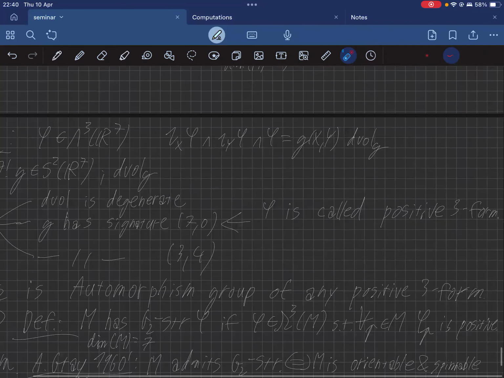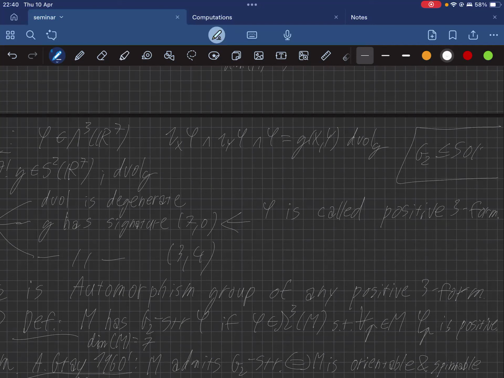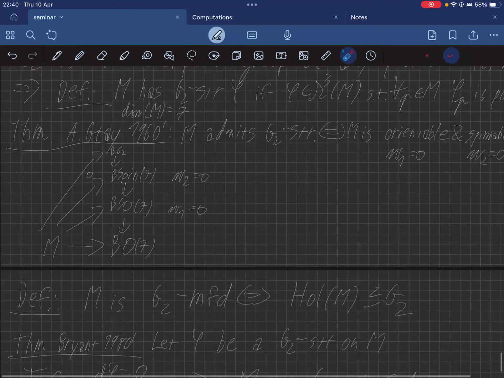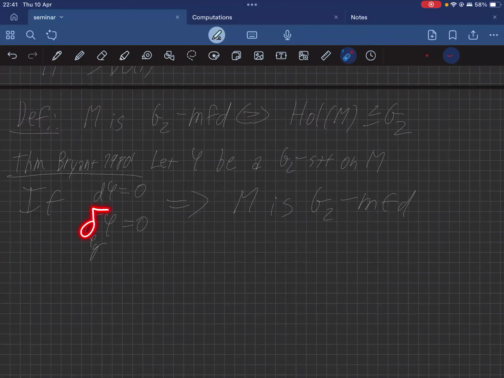That's not surprising because G2 is a subgroup of SO7, and an SO7 structure gives you a metric and an orientation. But the consequence is that the codifferential depends on your metric in a highly nonlinear way. So this is not some easy first order ODE that you can solve, and that's the whole business with G2 manifolds.